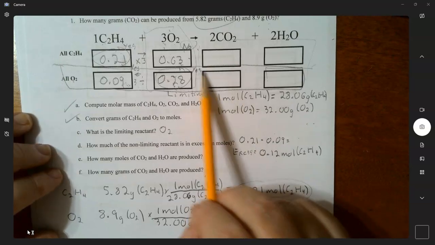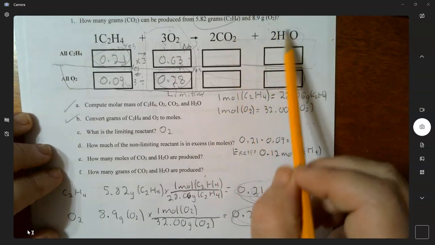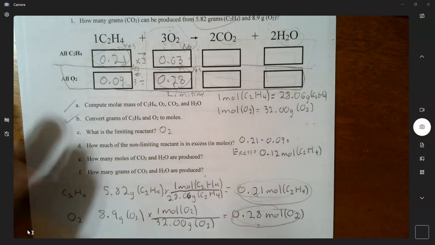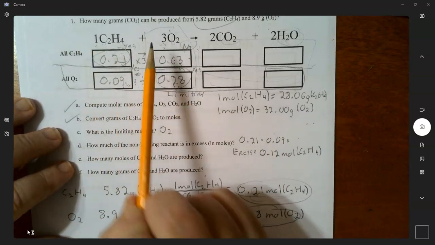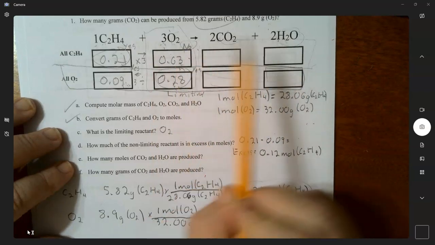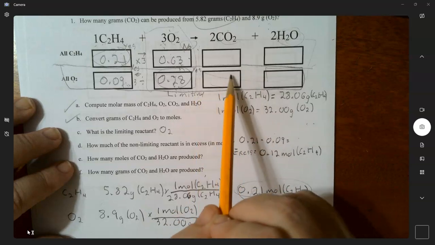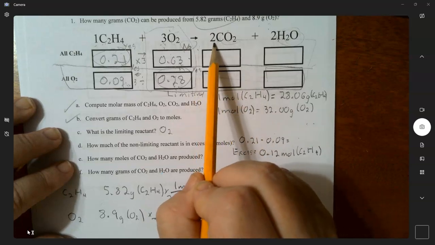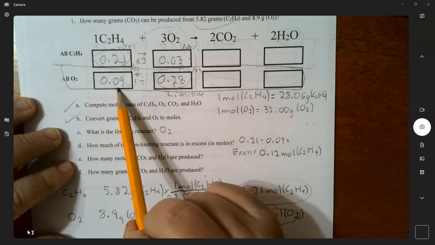So now when you do this part over here, it doesn't matter what these compounds are, H2O, CO2, O2, it doesn't matter. All that matters is the coefficients, 1, 3, 2, 2. So simply find a relationship that's easy to do mathematically. So you're going to have twice as much CO2 as C2H4. You have this much in the reaction that runs.